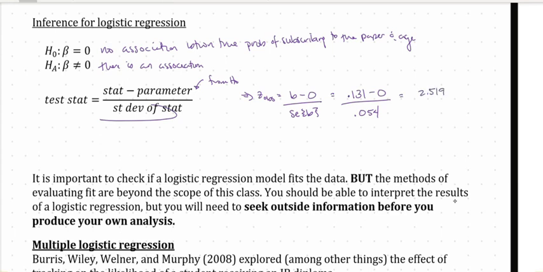2.519. This is a medium-sized z-score. It's bigger than 2, it's less than 3, so it's big but not huge. If we were to look at a z-distribution, we would find 2.519 close to the tail, but not way out in the tail. Because this is a two-tailed test, we have to look in both tails to get our p-value.